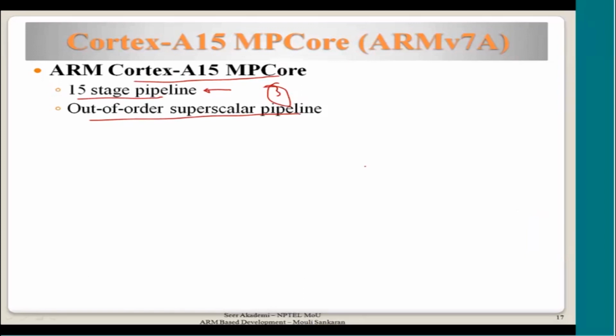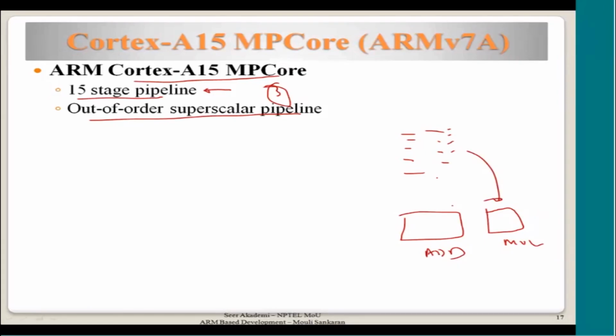What I mean by out of order is the program assembly sequence will be in some order. Now, if the processor has multiple ALUs, maybe a multiply unit and an add unit, what does superscalar do? It looks at all the instructions and schedules them if there is an execution unit available and there is no dependency on the previous instruction.